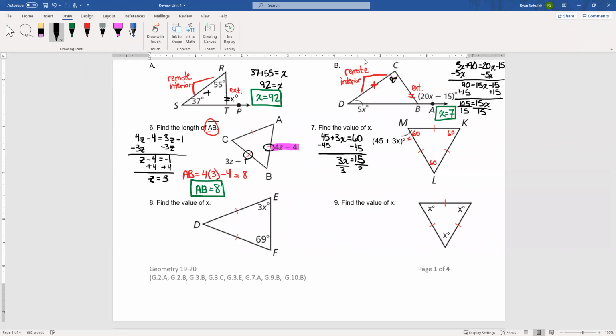Divide by 3, and we get x equals 5. And that's what they ask us to find is x. So that's our final answer. X equals 5.